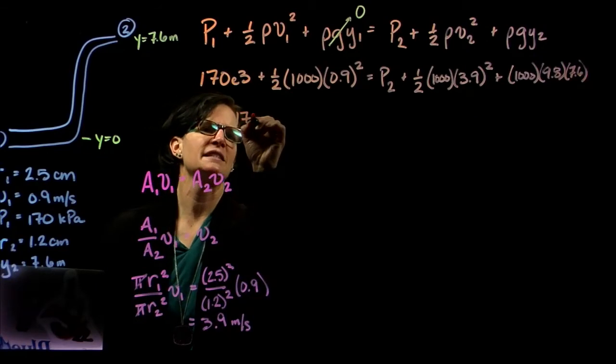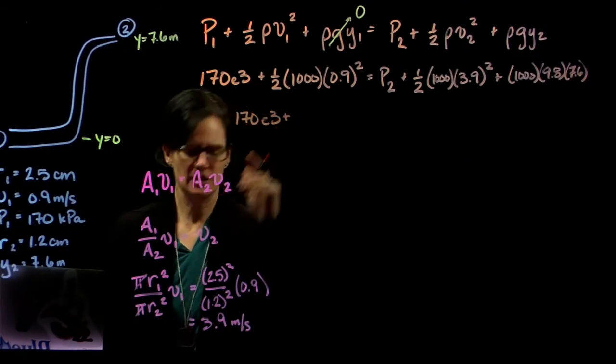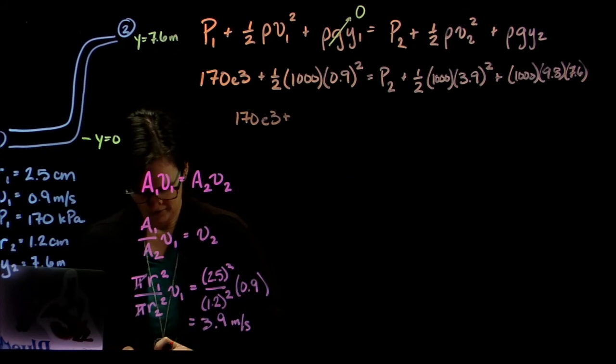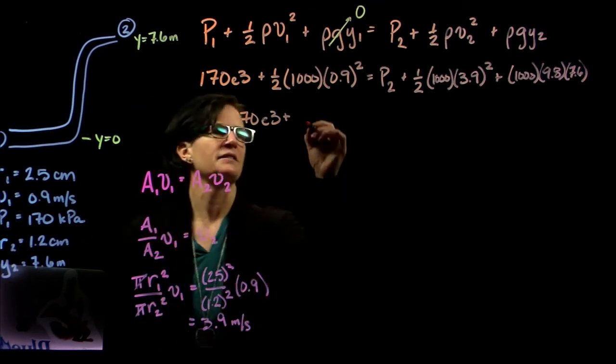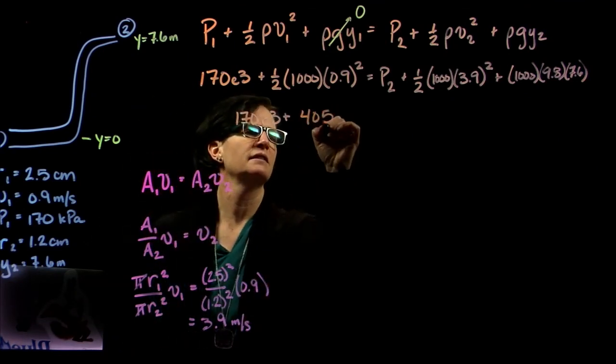All right, so let's put our terms in here. We have 170 times 10 to the third plus 0.5 times 1,000 times 0.9 squared, which gives us 405.